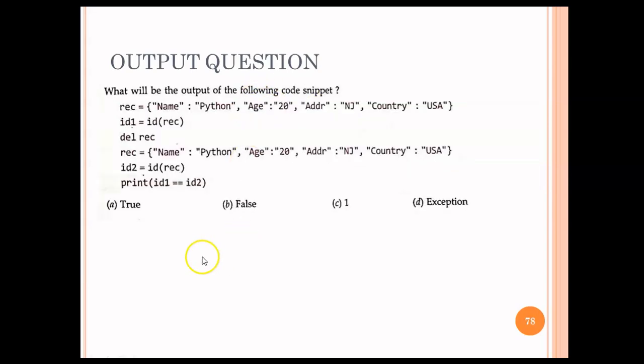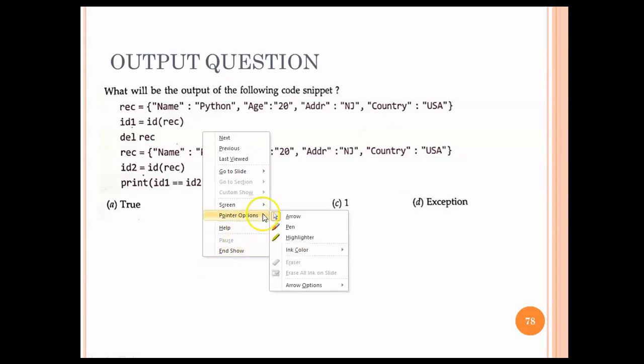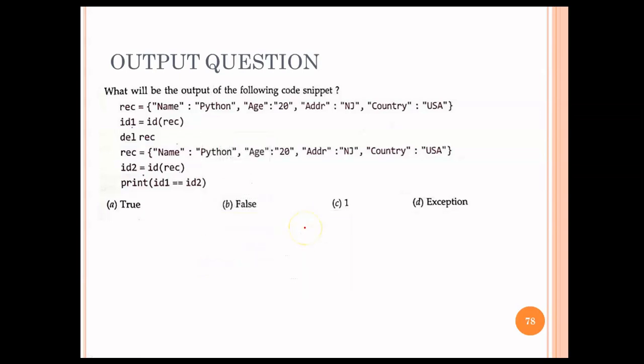Now the next output based question: what will be the output of the following code snippet? You can see here we have rack is equal to a dictionary, and the keys are name, Python, age 20, header, NJ, country, USA. The ID of this rack, which is the address of rack, we are storing into ID1. Then del rack, so rack we are removing.